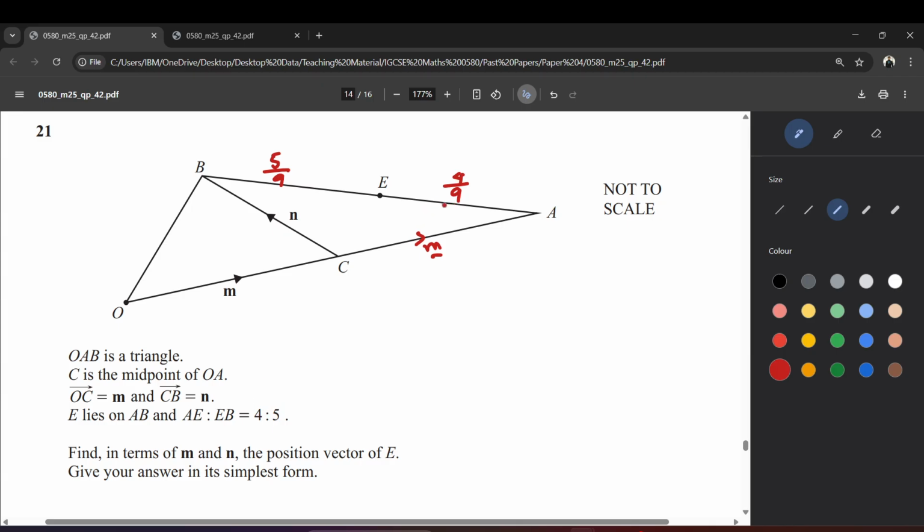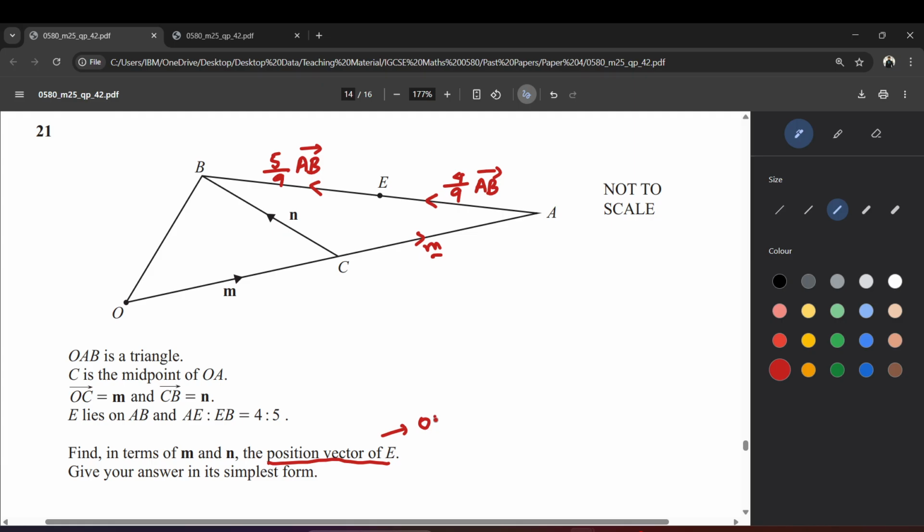But 4 upon 9 of what? 4 upon 9 of the length AB, or the vector AB in this case, because we are moving in this direction. We are moving from A to B, so that will be 4 upon 9 AB, and EB will be 5 upon 9 AB. Find in terms of M and N the position vector of E.